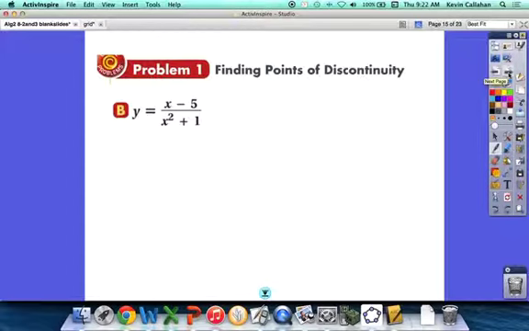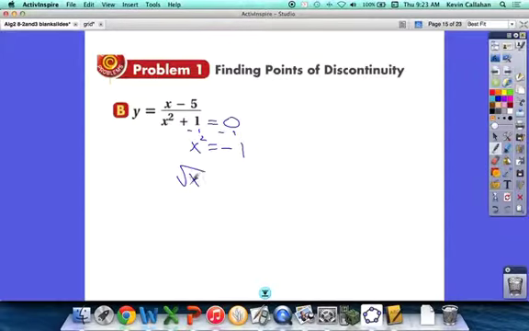Okay. What if I set this equal to x squared plus 1 equals 0, and then I solve? x squared equals, subtract 1 from both sides. What is x squared? -1. Okay. How do you do that?